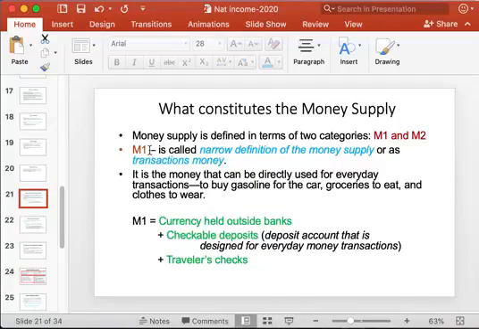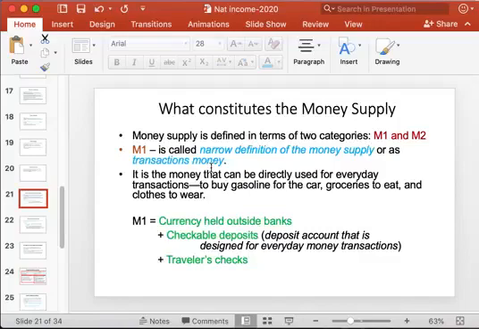M1 is called the narrow definition of money supply, or it is also called transaction money. It consists of the money that can be directly used for everyday transactions, like for example to buy petrol for the car, groceries to eat, clothes to wear.